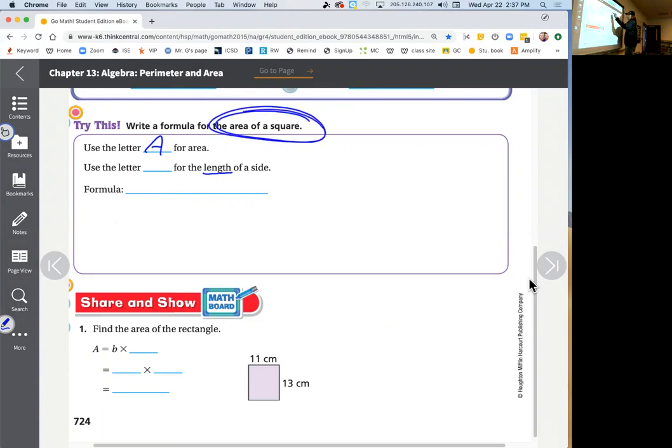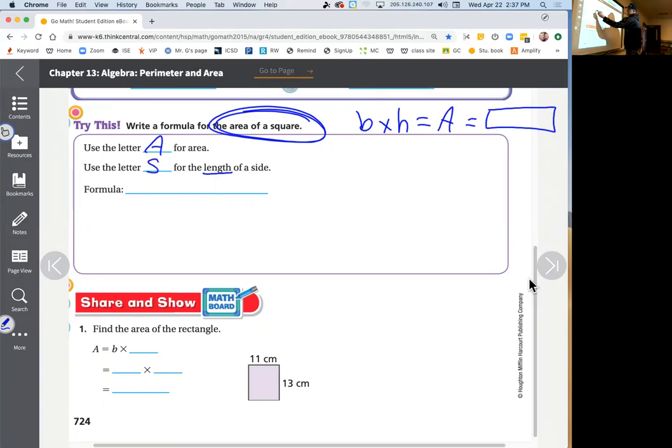So the area of a rectangle is base times height. That is a rectangle. But for a square, what do you think it is? It is just side times the side.